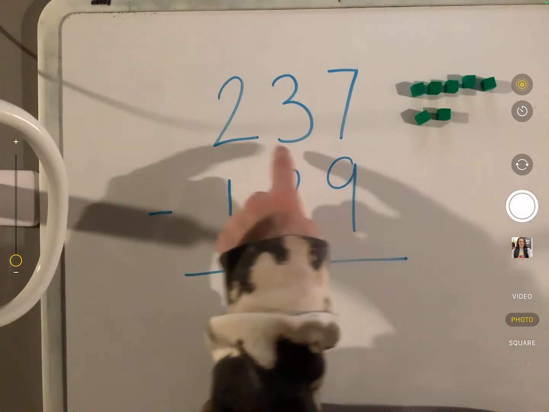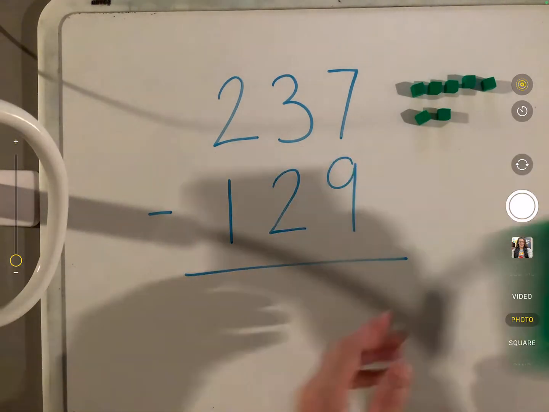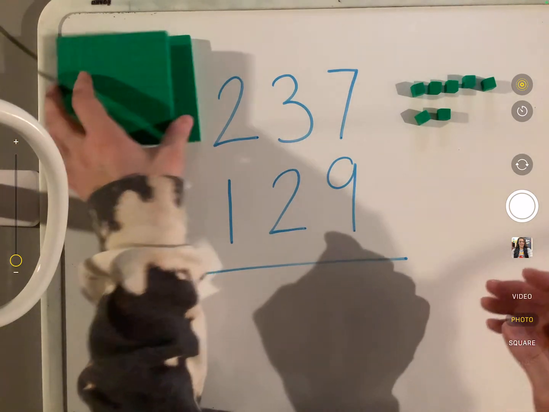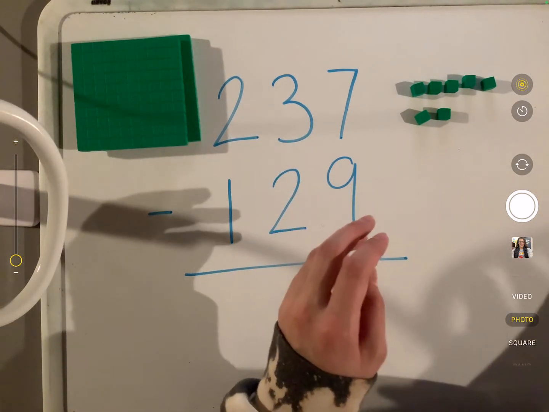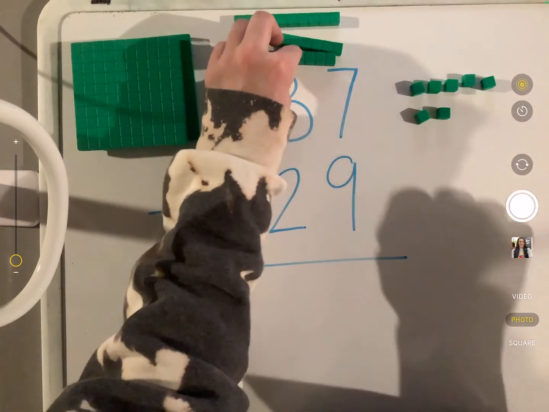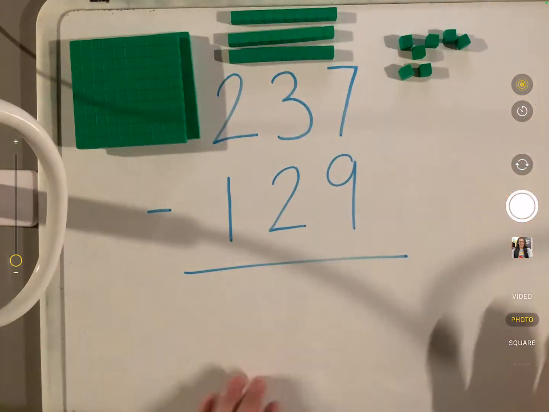Let's build this first number with our cubes, okay? So I have 2 100 stacks, right? This is 2. Then I have 3 10 stacks, okay? And then I have 7 ones, all right?